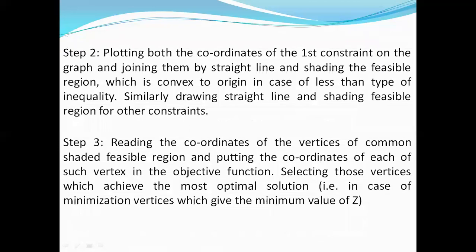But how can these values be analyzed as feasible for plotting the graph? That is the main constraint here. So plot both the coordinates of the first constraint on the graph, join them by a straight line, and shade the feasible region, which will be convex to the origin in the case of a less than type of inequality.